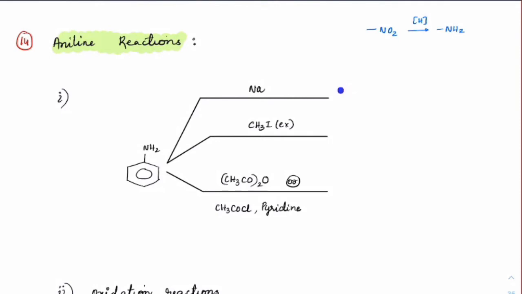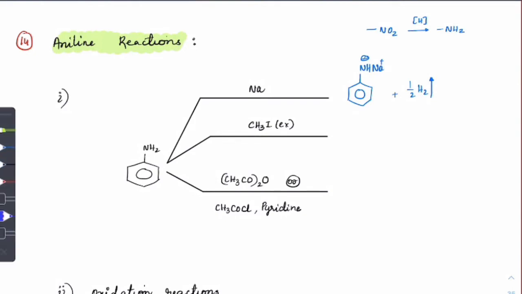In case you react with sodium, here also because of the protic hydrogen present, we will have NH- Na+ and half H2. This is the product formed. Next, in the presence of excess CH3I, it will form a salt which is N+Me3 and I-.